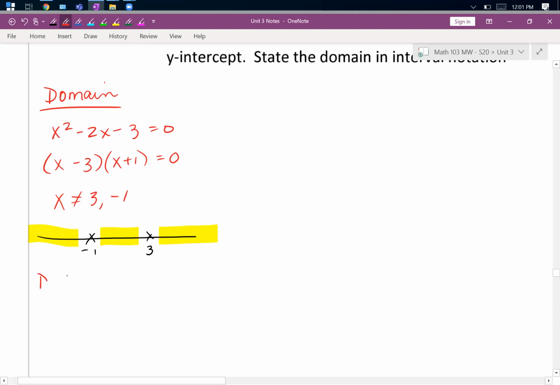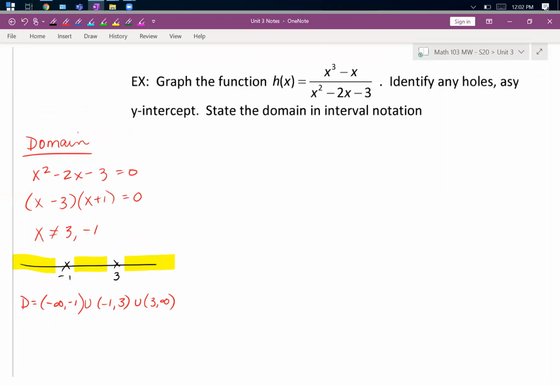Our domain is going to be -∞ to -1, -1 to 3, 3 to infinity. Questions on the domain?